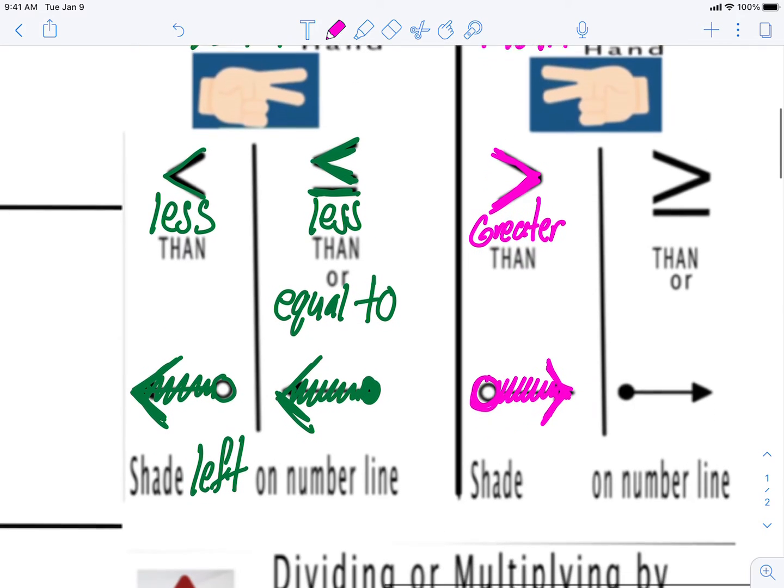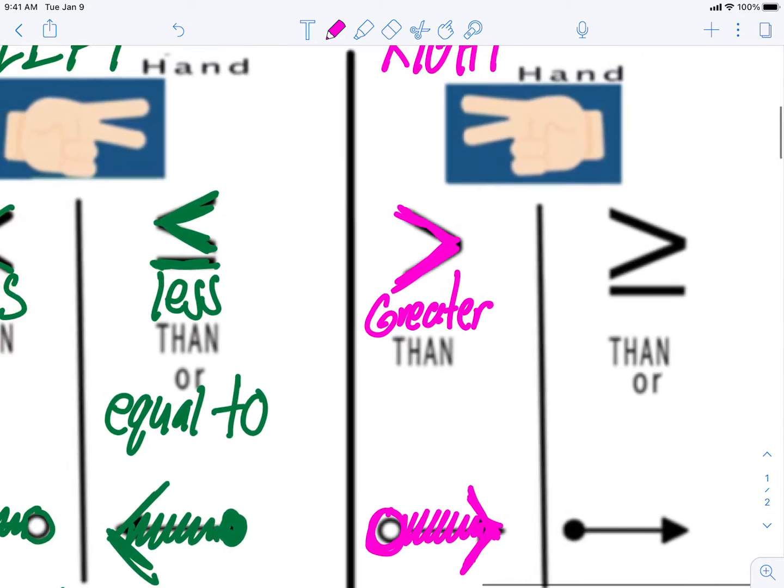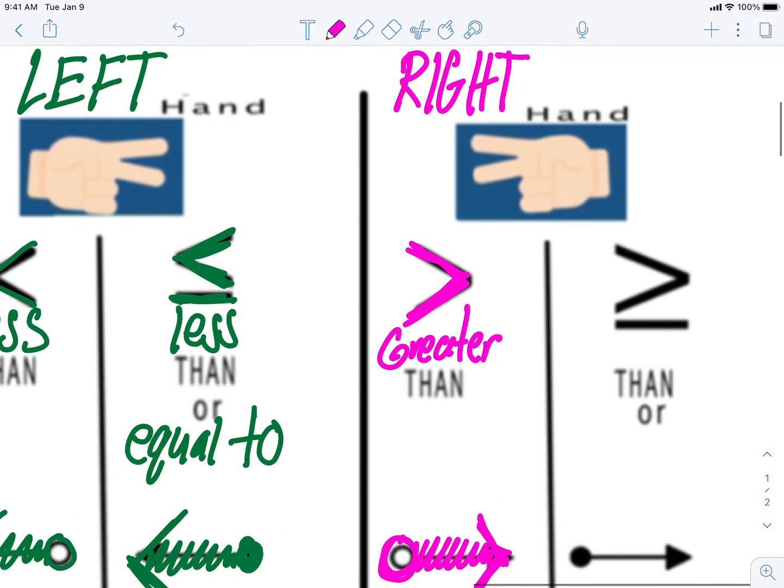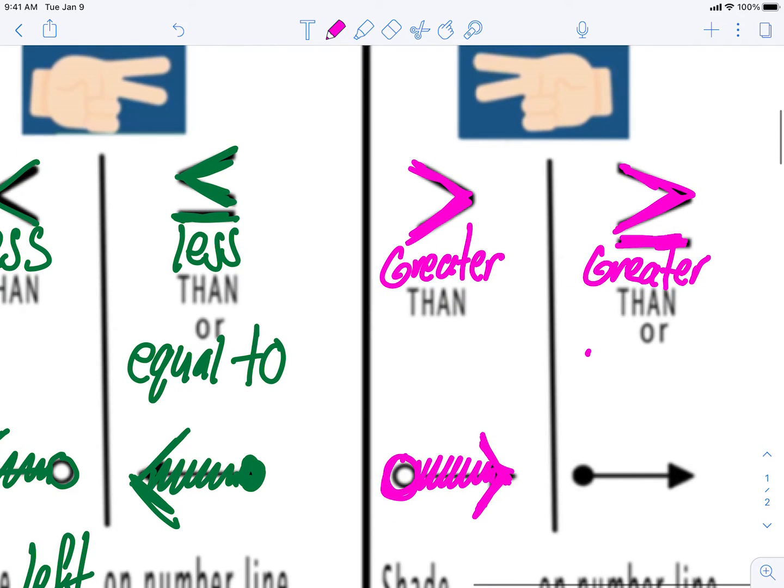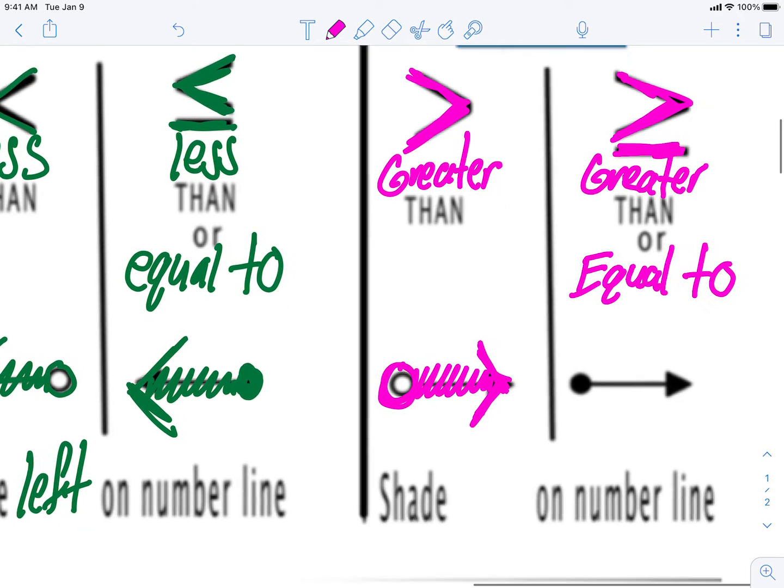Greater than, right? We also use our right hand to make the greater than or equal to symbol. So greater than or equal to. All right? Greater than or equal to.